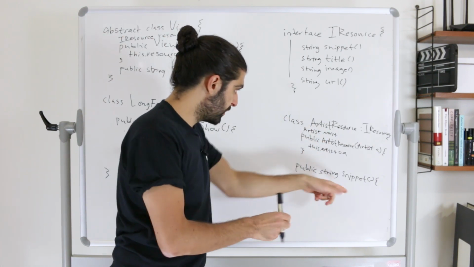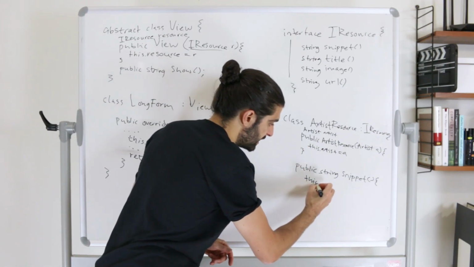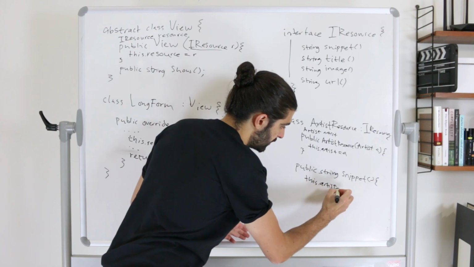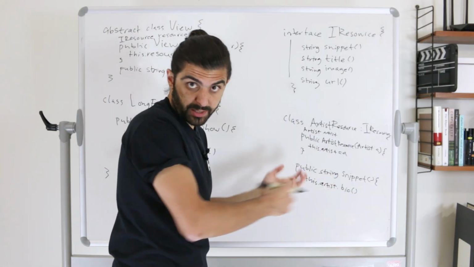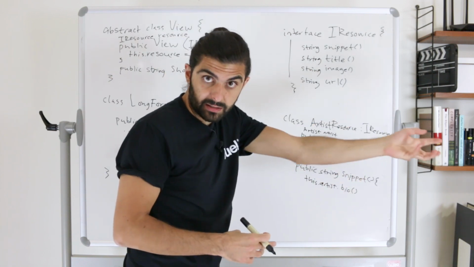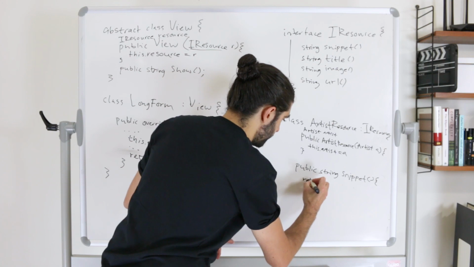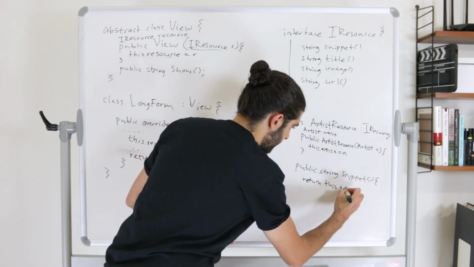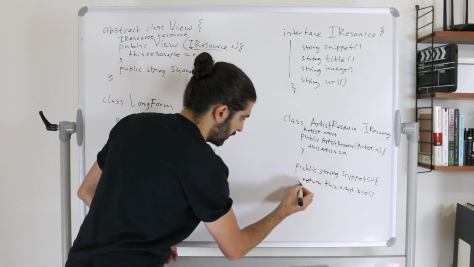And now the snippet simply delegates to that artist instance variable. So we say this.artist.bio. So in other words, the snippet of an artist resource is the biography of an artist. Sorry, I should of course have put return here, so let's actually write return this dot artist dot bio, invoke the method. And then we'll just close this method.